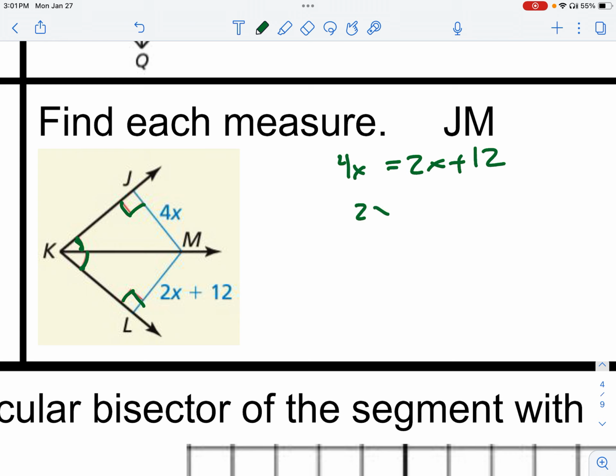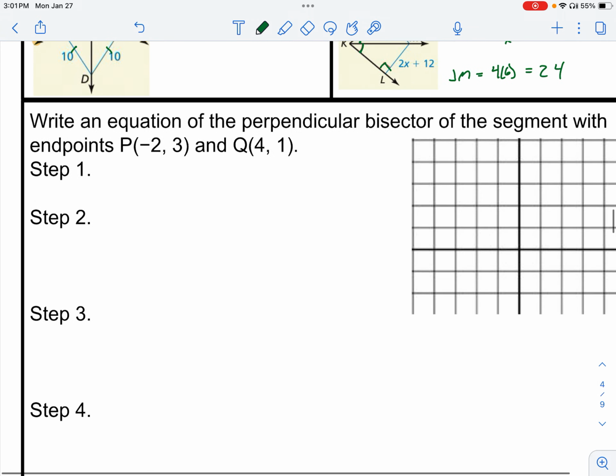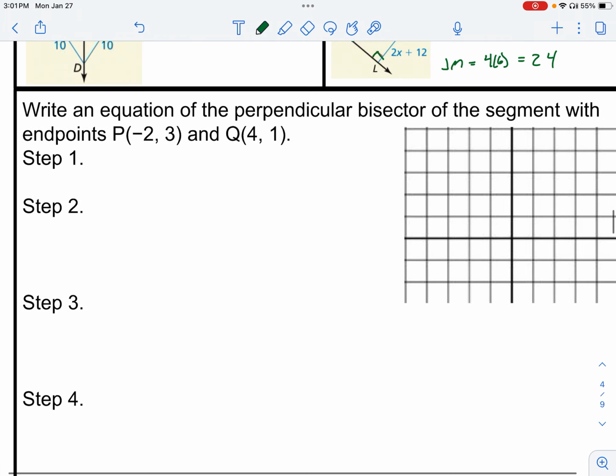Subtract 2x from both sides, so 2x equals 12, x equals 6, JM is 4 times 6, or 24. So we got to make sure it fits into our definitions. We're measuring at the perpendicular and basically setting a bunch of stuff equal to each other. Do not mix and match the sides and the angles.